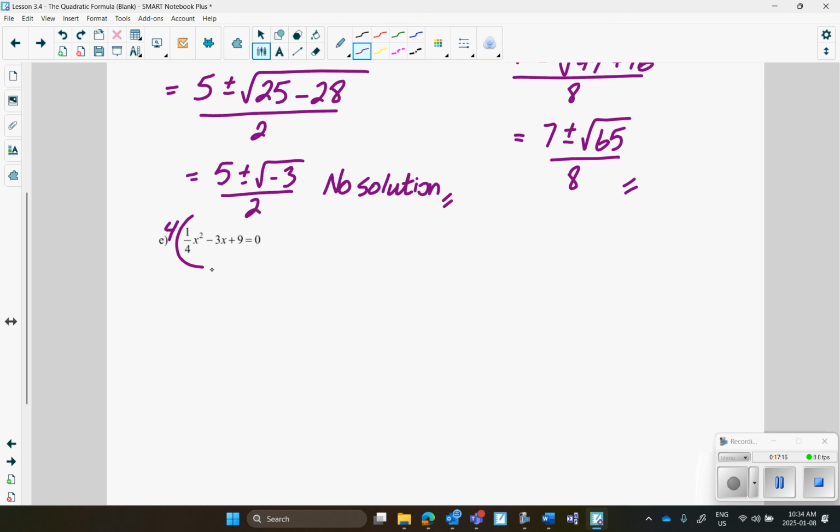Multiply both sides by 4. Because the nice thing is, on the right side, 4 times 0 is still 0. So it's still set up nicely. But 4 times 1 over 4 now just becomes x squared. 4 times negative 3x becomes minus 12x, and 4 times 9 becomes plus 36.